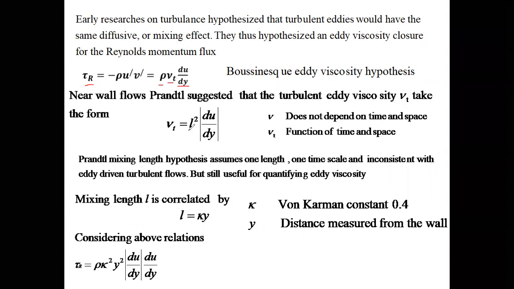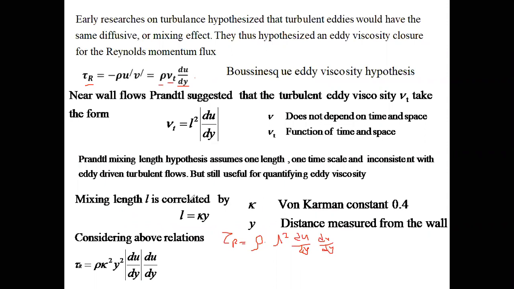Instead of nu t, we can write L squared du by dy, so tau r equals rho L squared times du by dy times du by dy.